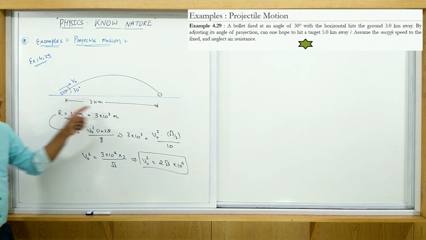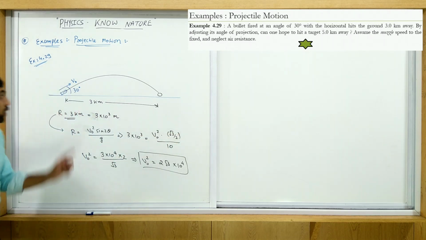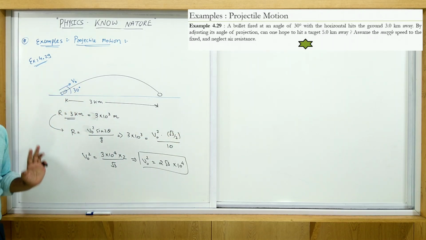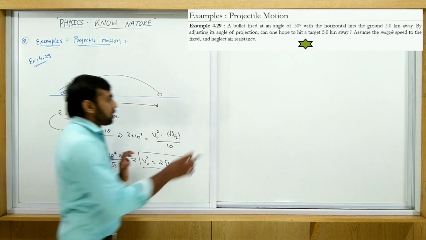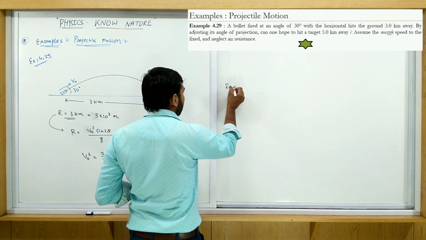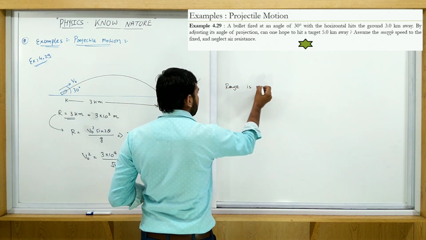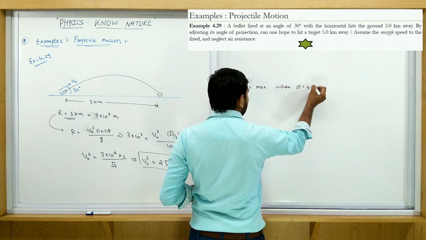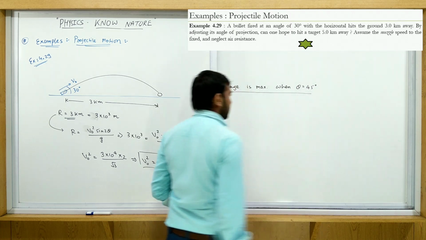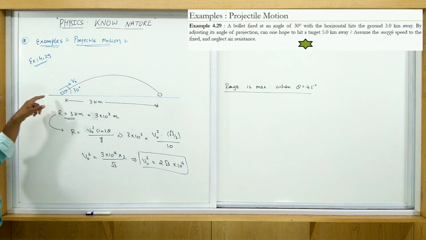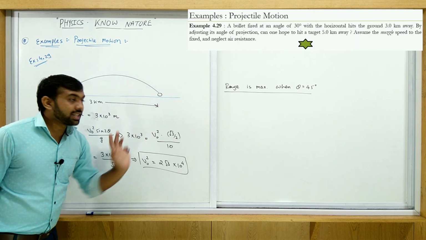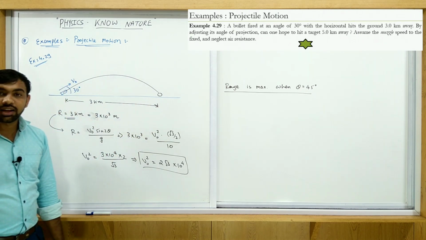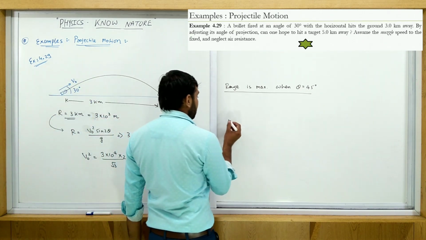मतलब कि सेम स्पीड से आपको मैक्सिमम हॉरिजॉन्टल डिस्टेंस चाहिए तो फिर एंगल कितना होना चाहिए, 45, as we discussed in a previous session. So range is maximum when theta is equal to what? 45 degree. मतलब कि 45 डिग्री रख के आप बुलेट को फायर करो तो हॉरिजॉन्टल डिस्टेंस मैक्सिमम मिलेगा। Okay, let's just try this one.